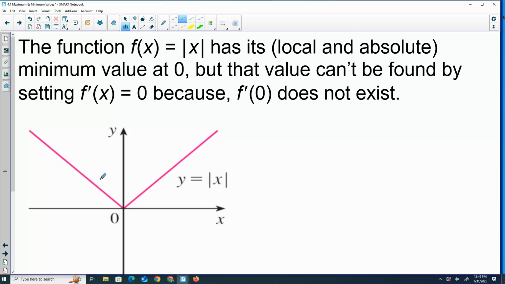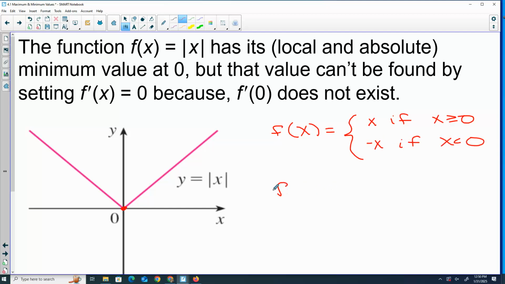I also want to look at absolute value. Can we all agree that there is a minimum right here? But when we do the derivative, anytime we've dealt with absolute values, we first had to rewrite it, correct? The definition we always use is it's x if x is greater than 0, and it's the opposite of x if it's less than 0.